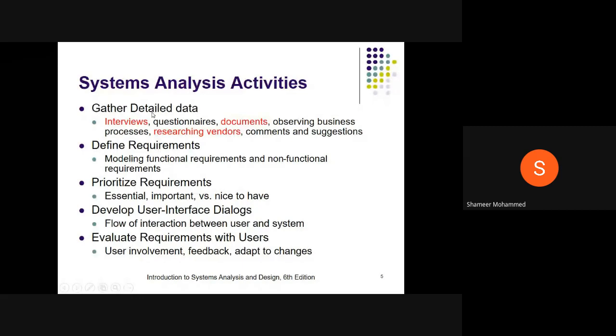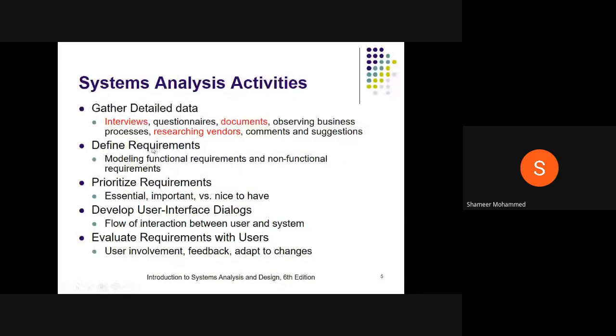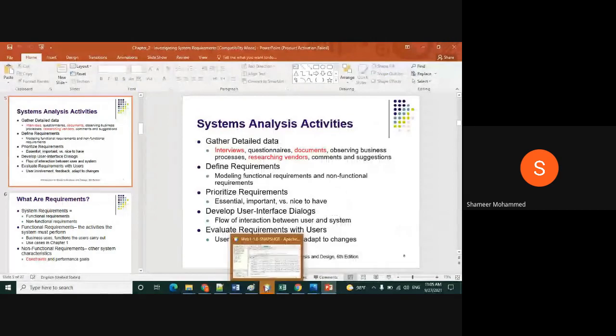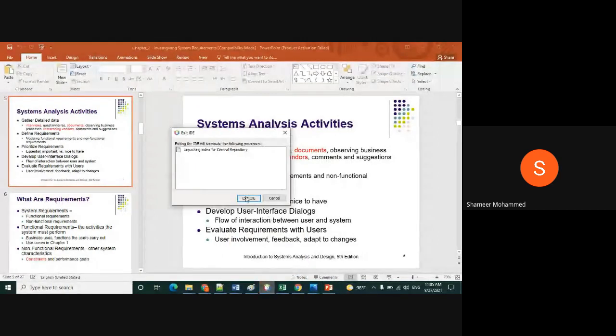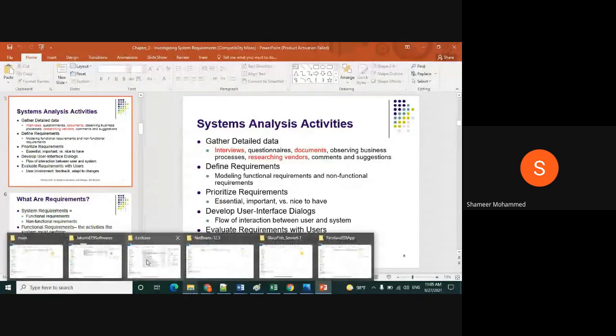Second step in this analysis is define the requirements. What are the requirements you have to do for your information system designing? Here 2 types of requirements come under it: functional requirements and non-functional requirements. What are the functional requirements and what are the non-functional requirements? That I will show you now.